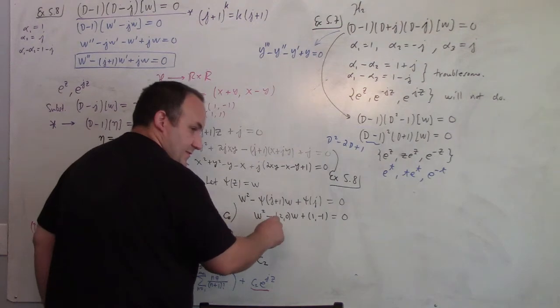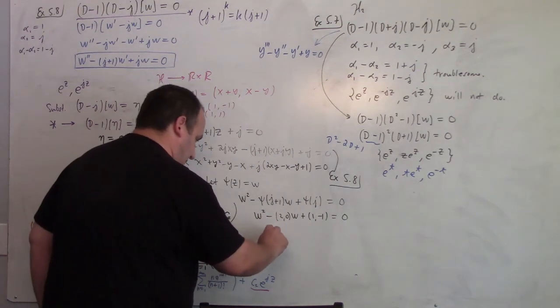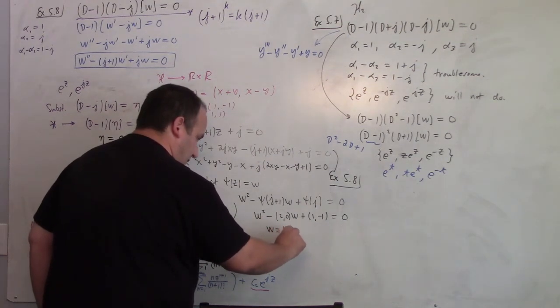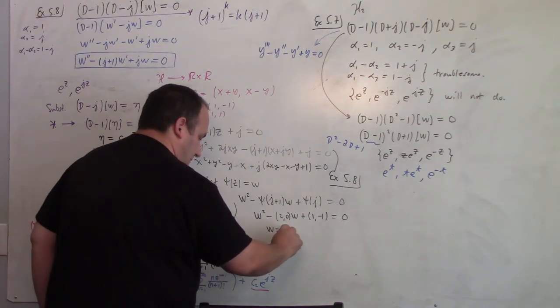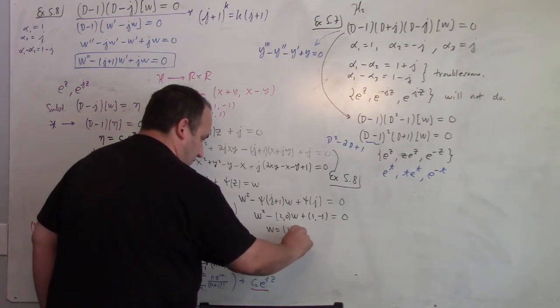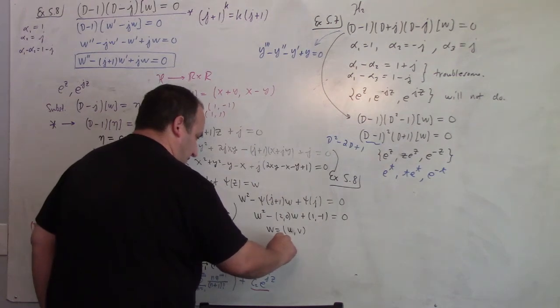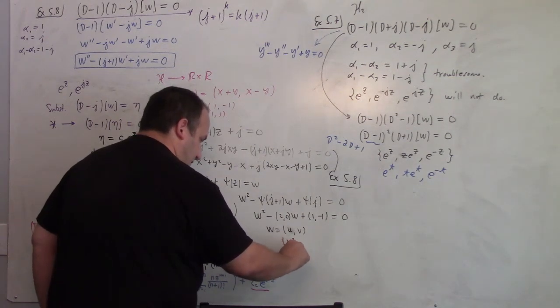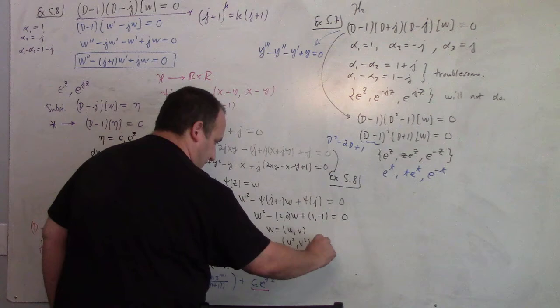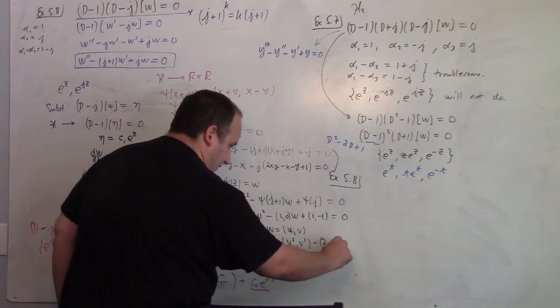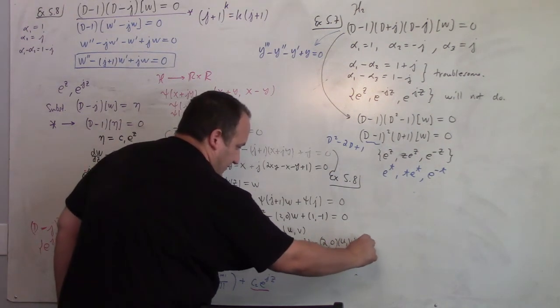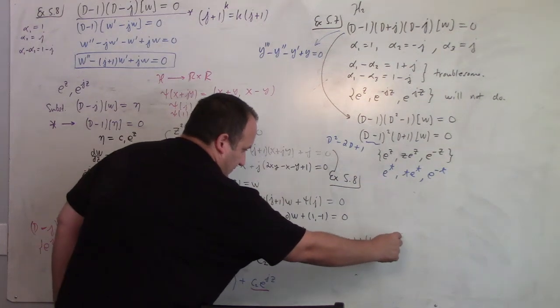Now, the w we could write as w1, w2, or whatever you like. You want to use u and v? We have to solve the equation separately anyway, so you can just write equation 1 if you want to. I'll use u, v then. So we've got u squared, v squared, minus (2, 0) times uv plus (1, minus 1) equals 0.